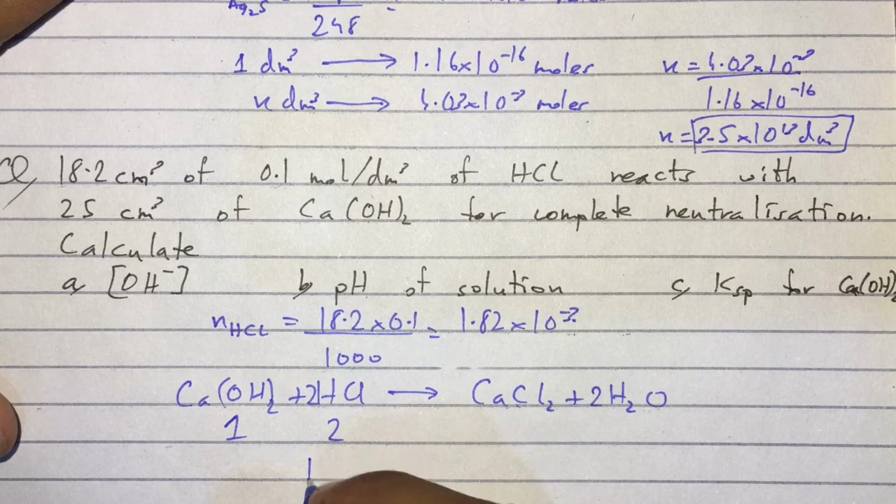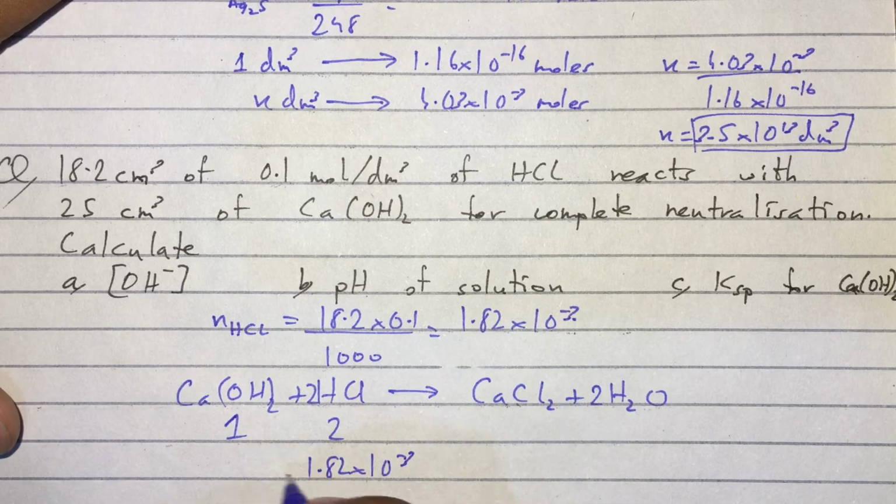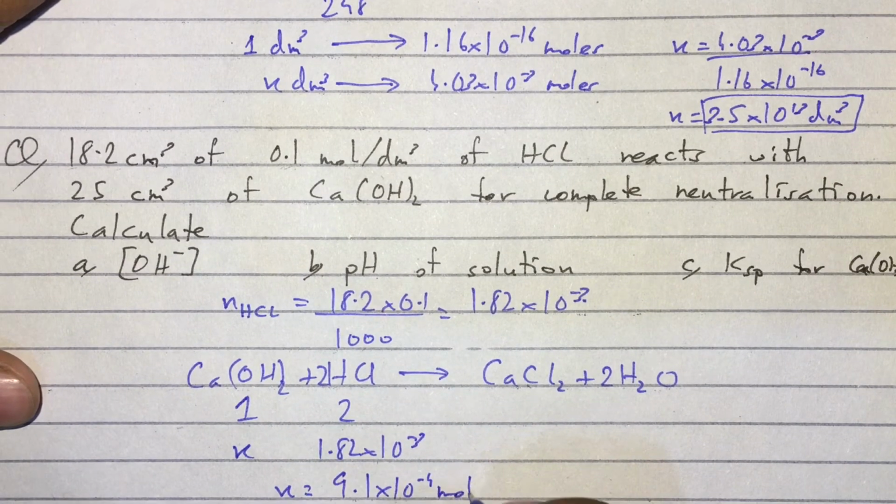If there were 1.82 times 10 power negative 3 moles of HCl, there will be half of those. So 1.82 divided by 2 is 9.1 times 10 power negative 4 moles of Ca(OH)2.